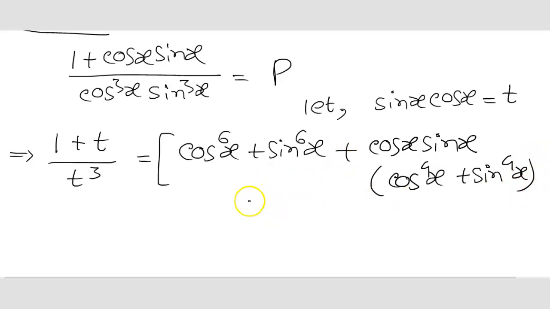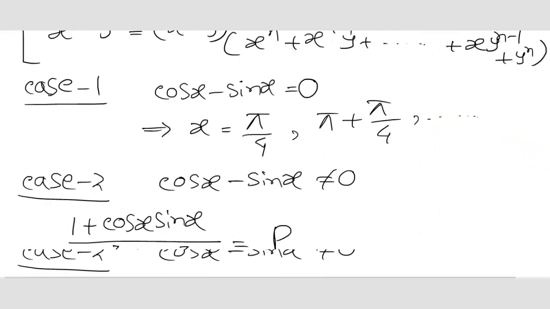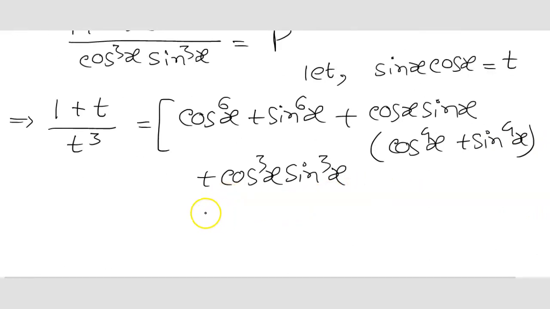And now there is a term cos cube x sin cube x, right? And the leftover terms are this term and this term. So what we can do now is take common cos square x sin square x. If we take common cos square x and sin square x, we can see that here is cos square x plus sin square x, and we all know that cos square x plus sin square x is 1. So let me just write it for you like this.